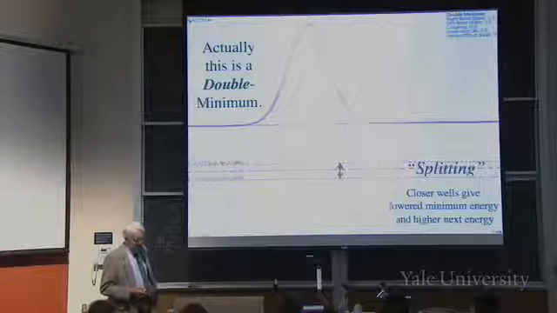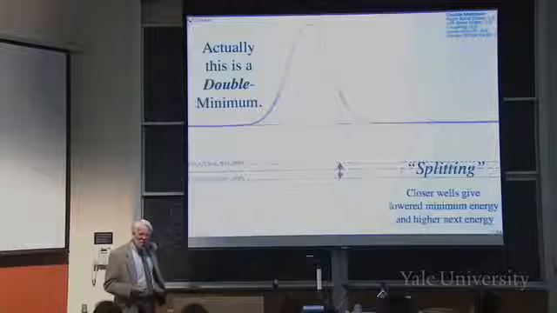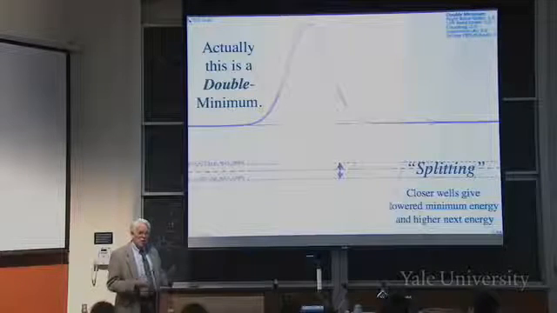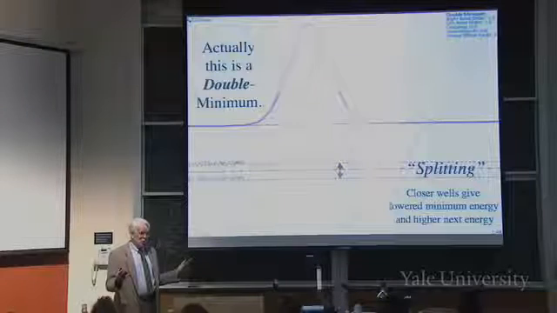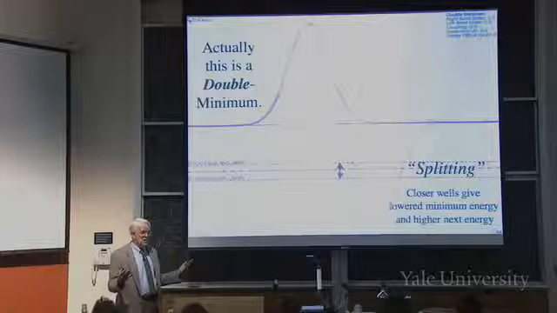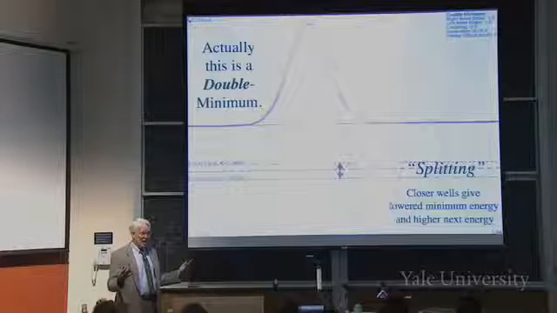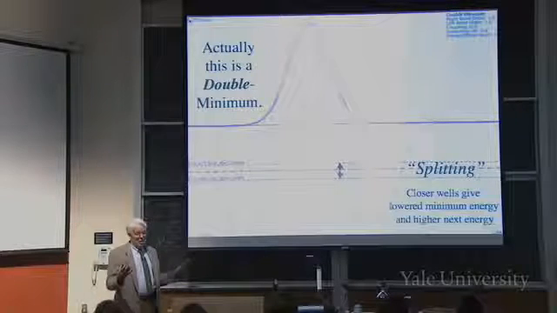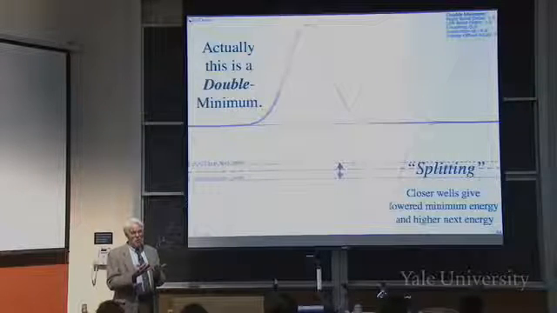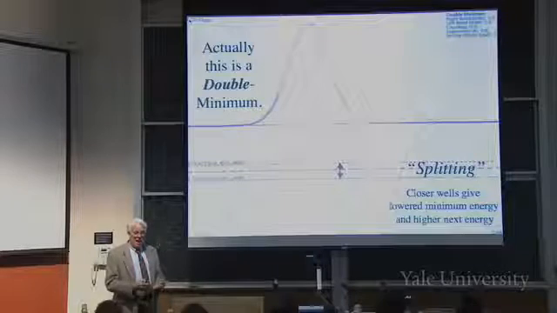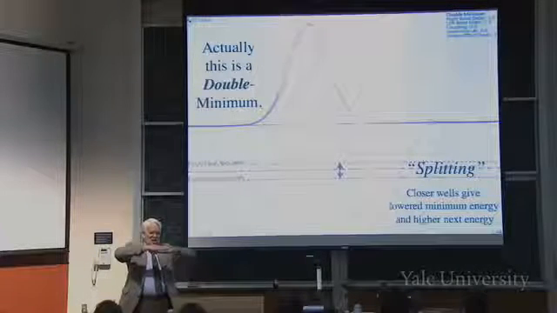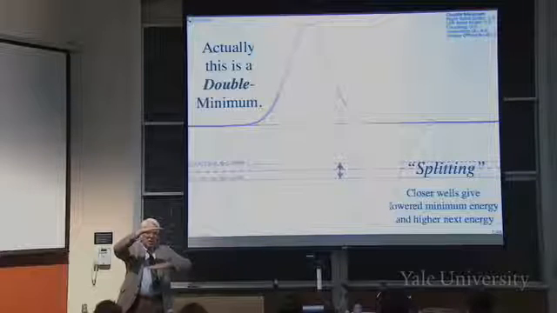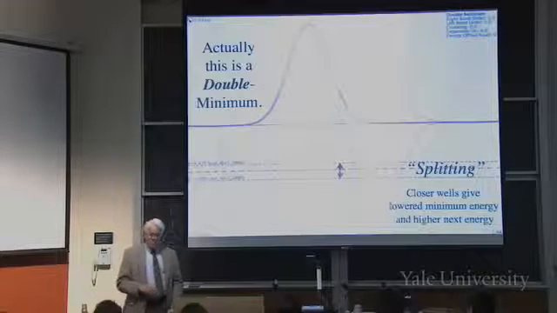That is to say, there's a splitting between the energy of these two. If the wells are far apart, they're the same as the single minimum, both of them. But if you bring them together, the no nodes is lower in energy and the one node is higher in energy. So the energies split about the original single minimum structure.